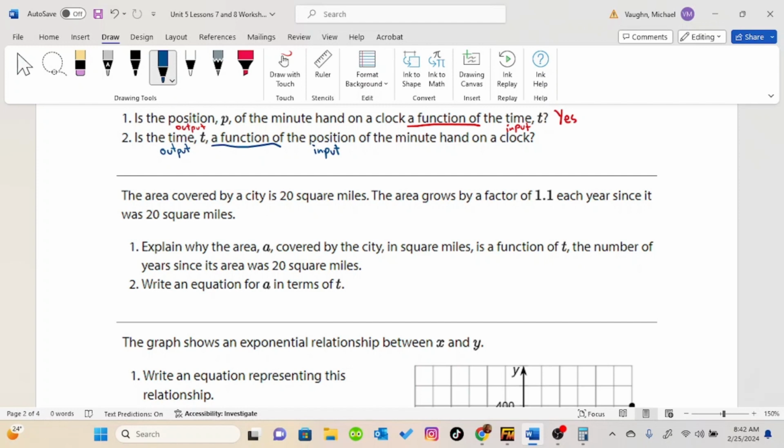In this case, the answer is no. If the minute hand is on the 3, then that's 15 minutes. But that could be 12:15, 2:15, 9:15. Just because the minute hand is in one place doesn't mean I can only have one time.